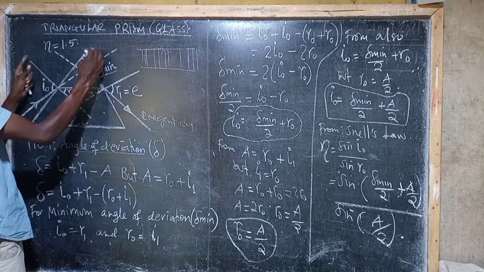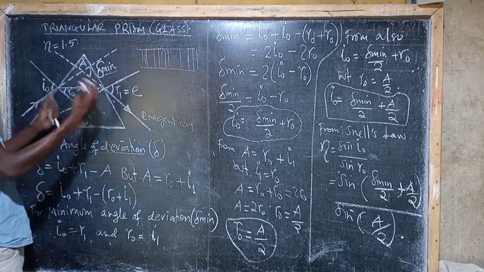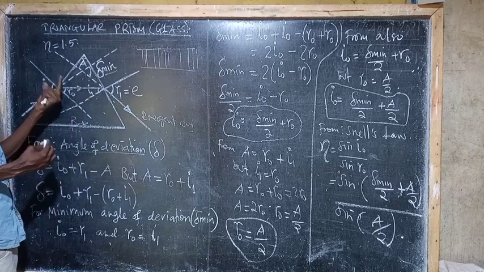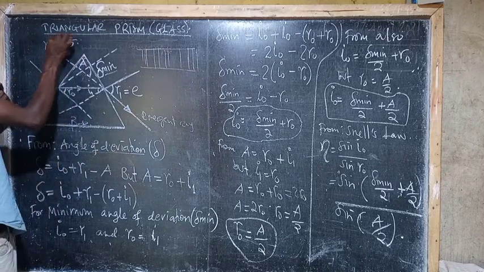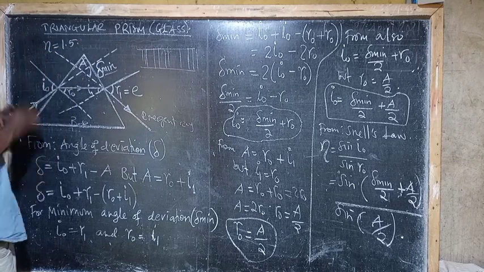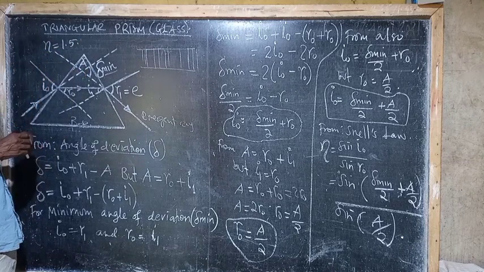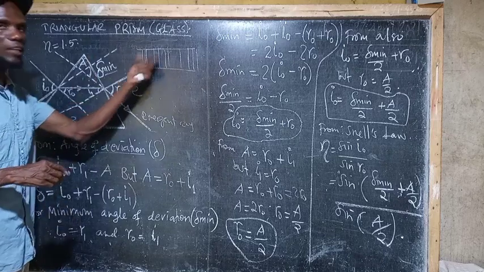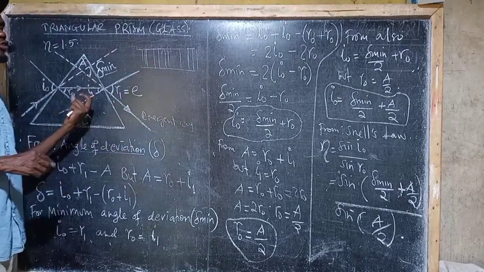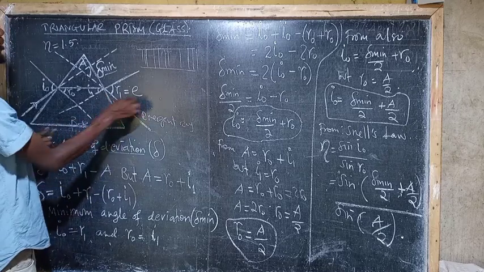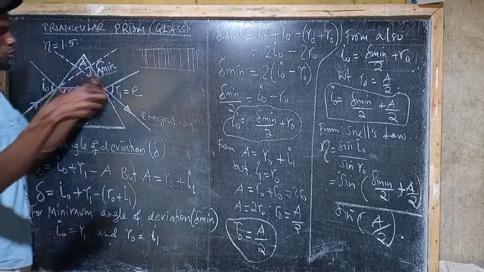So that was on how we can explain those angles. But the intention of learning this is to determine the refractive index of the triangular prism. How can we determine the refractive index of the triangular prism? That is the concept that we are going to discuss. But that was an introduction on how we can know the emergent angle, first angle, and so forth.